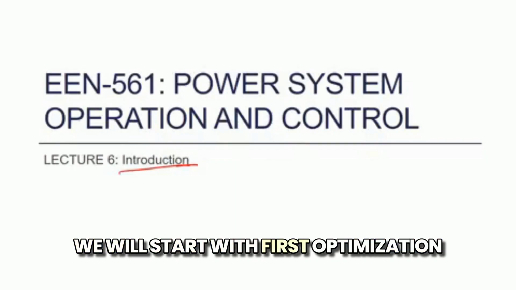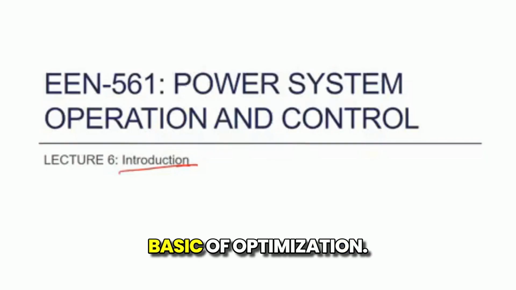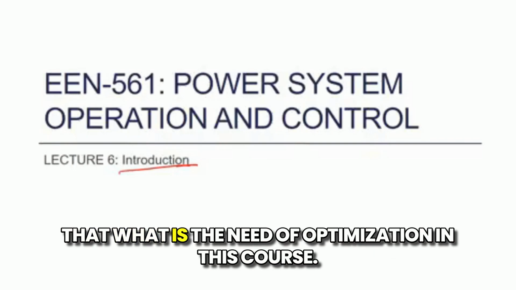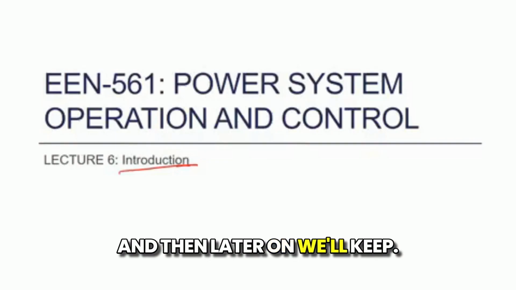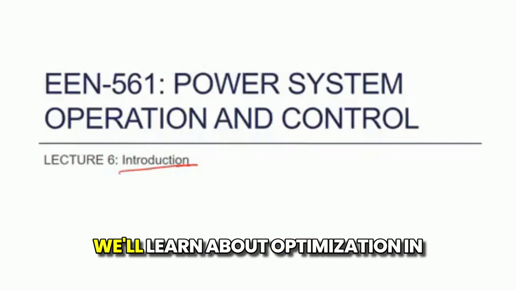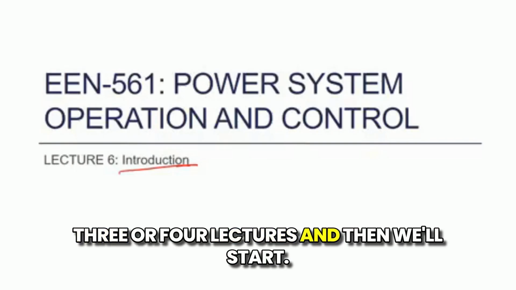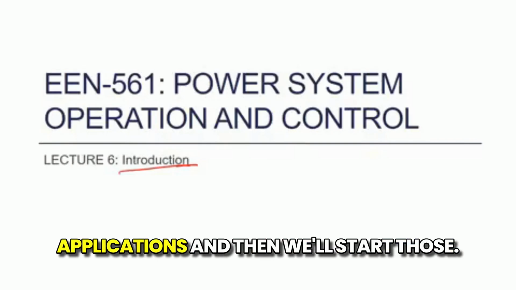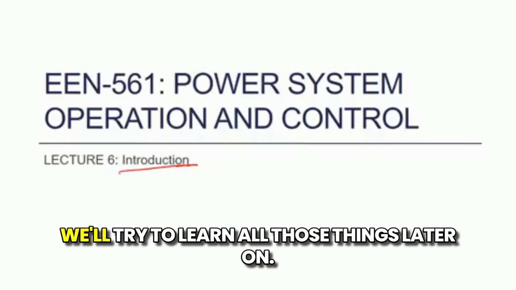We'll start with the basics of optimization, and I'll tell you later today in the class what the need of optimization is in this course. Then we'll learn about optimization in 3 or 4 lectures, and then we'll come back to the power system applications and start those.